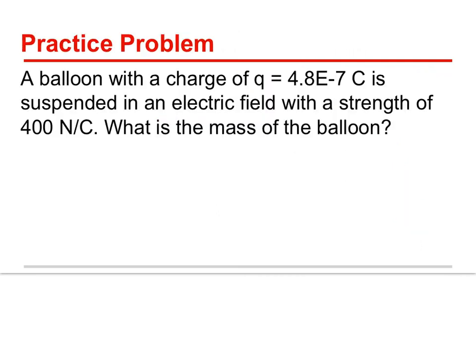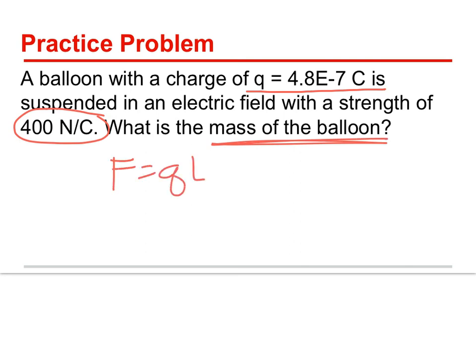Let's do one more problem. A balloon with a charge of 4.8 times 10 to the negative 7th coulombs is suspended in an electric field with a strength of 400 newtons per coulomb. What is the mass of the balloon? So let's plug this in. We have F equals QE. We know from Millikan's experiment that F is also equal to mass times gravity.